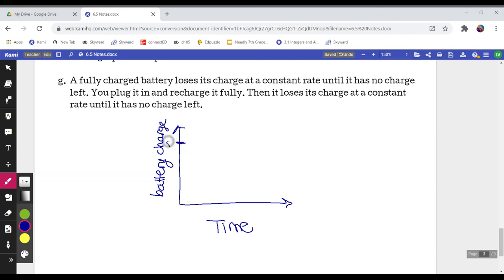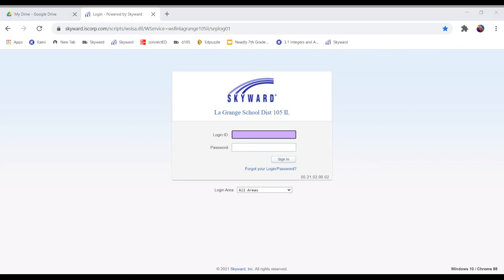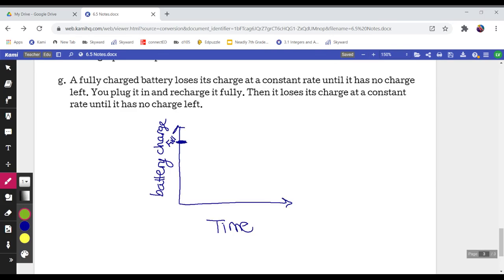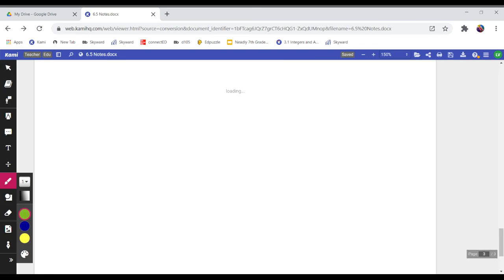Now for this one, I am going to add in that at this point, the battery is going to be full. So a fully charged battery loses charge at a constant rate until it has no charge left.